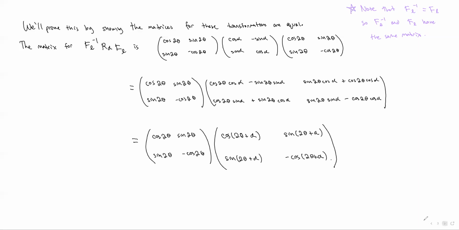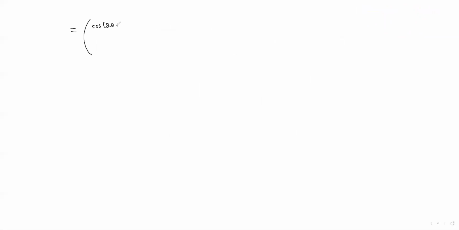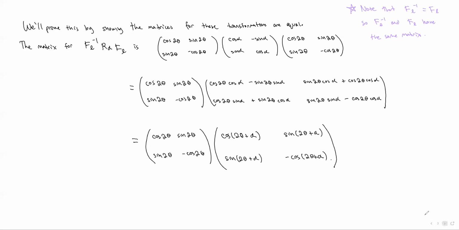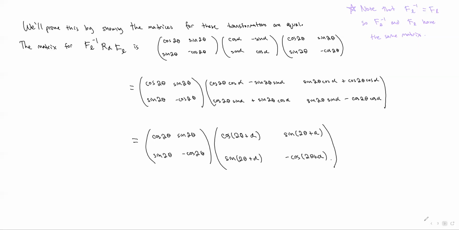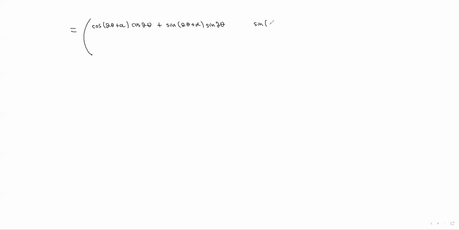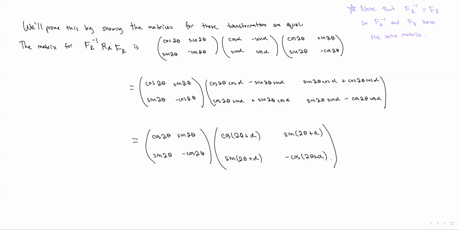So then this equals, but I'll have to keep looking because I can't remember these matrices. So cos of 2 theta plus alpha times the matrix with cos 2 theta, sine 2 theta, plus sine of 2 theta plus alpha times the matrix with sine 2 theta, negative cos 2 theta, right?